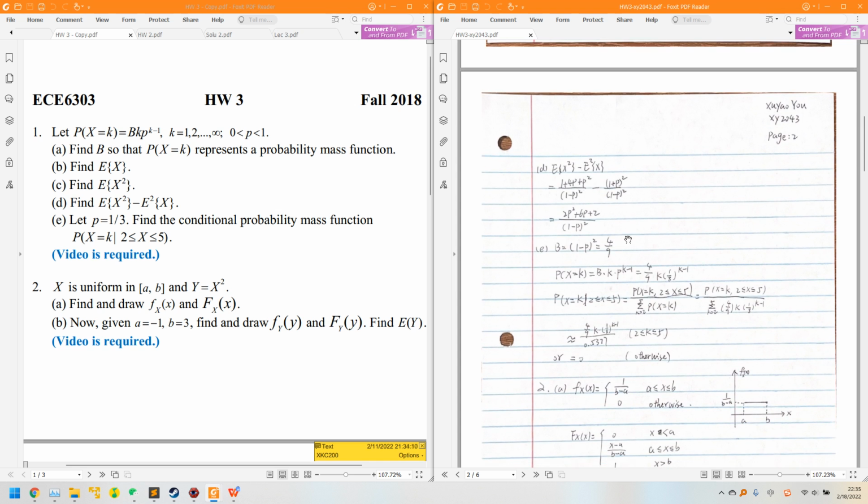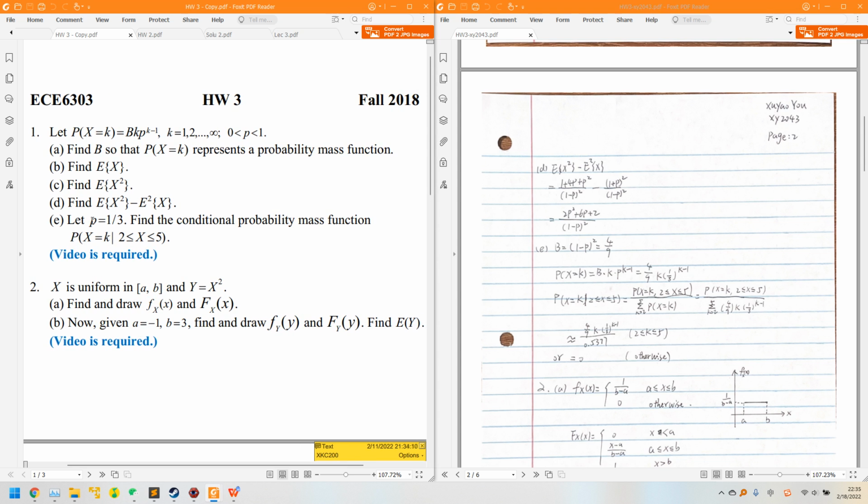And for problem E, it gives us a p value, which is 1/3, and we need to calculate the conditional probability mass function when x is from 2 to 5. So firstly, we put the value of p into b, and we get that b is 4/9.